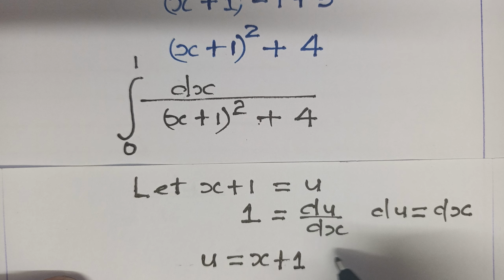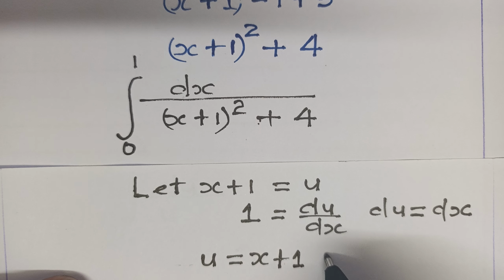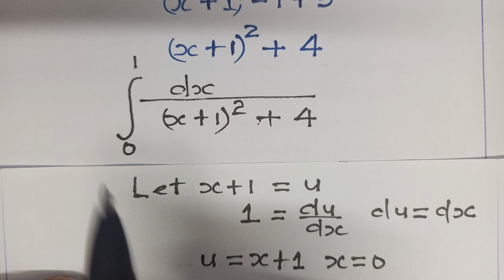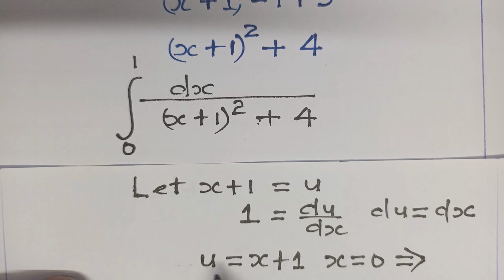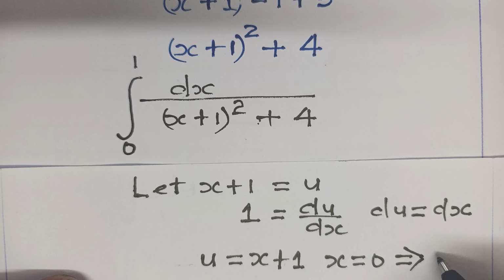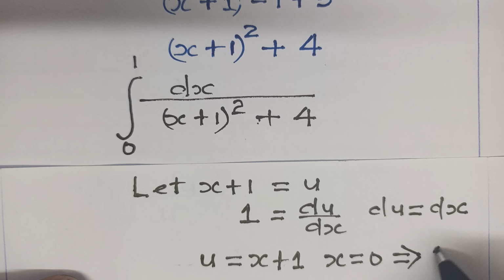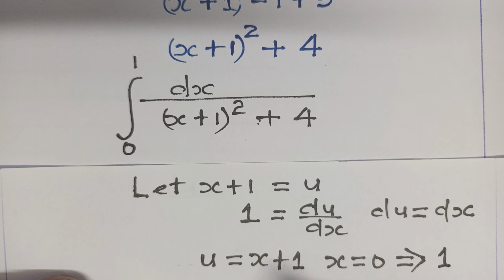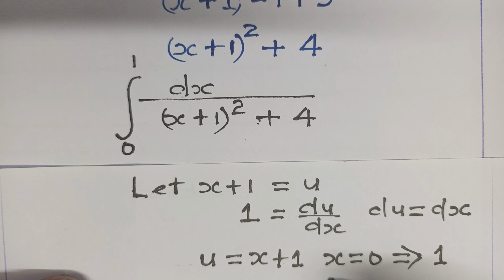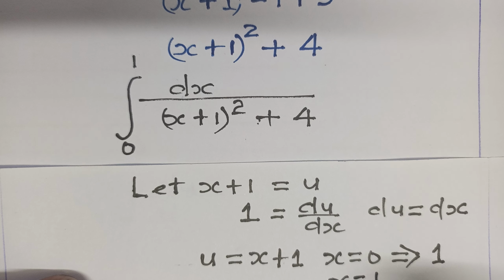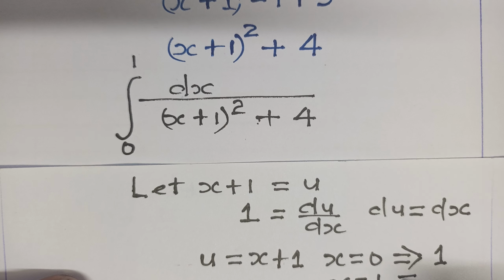If we put x equals 0 for the lower limit, this comes to 1. Putting x equals 1, this now comes to 2.